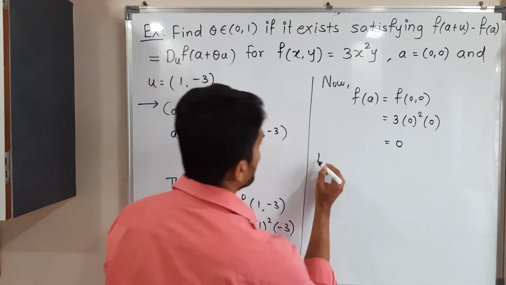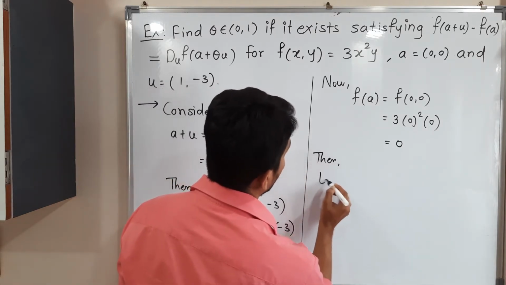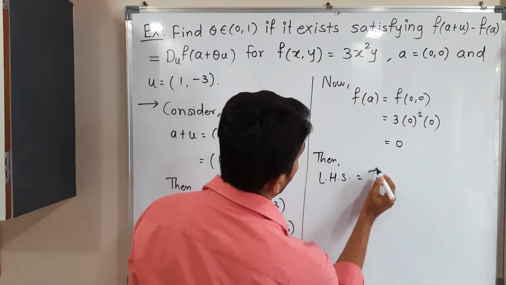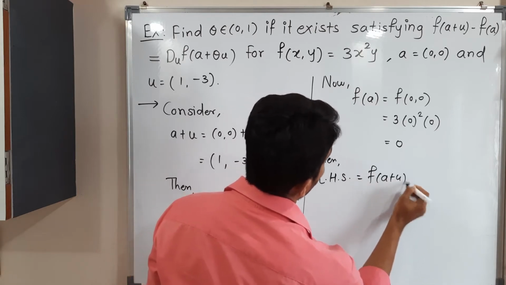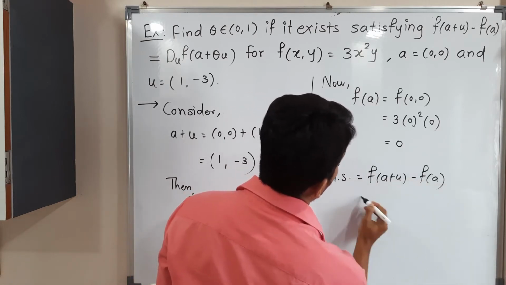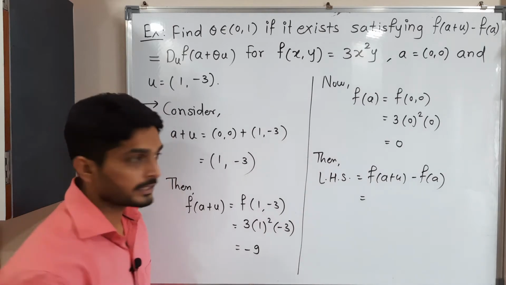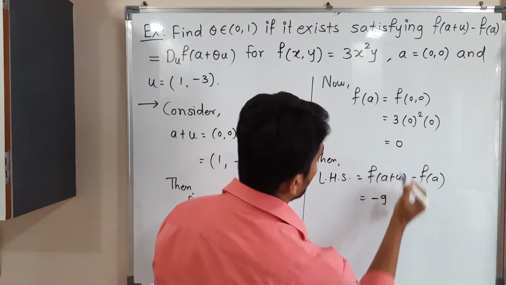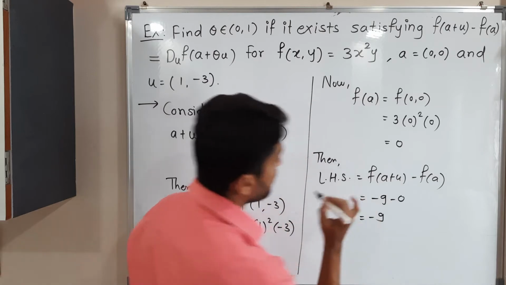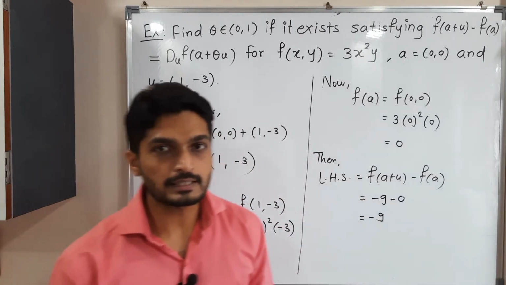Then what is the left hand side? F of a plus u minus f of a. F of a plus u we have calculated, it is minus 9. F of a we have got 0, so the value of the left hand side is minus 9.